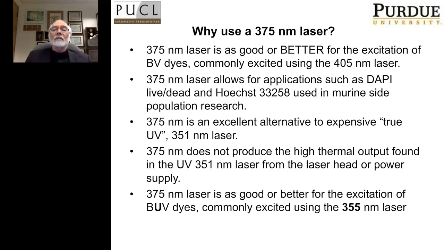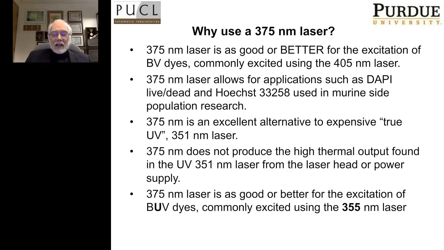Certainly the 375 has an advantage for Hoechst and DAPI because it's even more efficient, and I'll show you some data in a moment with the side population. But it's actually fairly good and certainly a lot cheaper alternative to trying to put a true UV laser in the 350, 355 range.